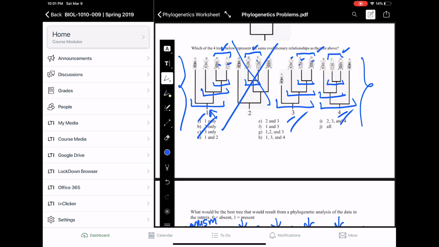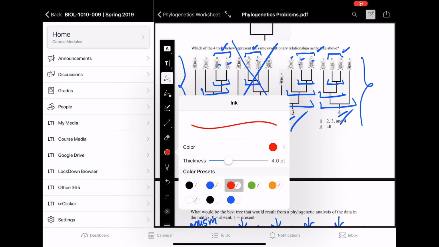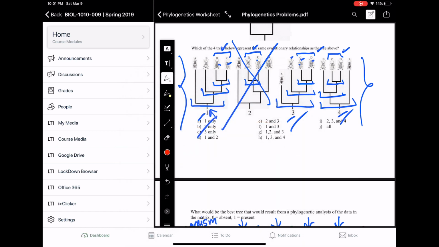But if they tell you the same information and they include time, like a timeline, then you would discard this tree because we see that number 3 has A go extinct at this point, right? If we draw a line and compare it, this one goes extinct.